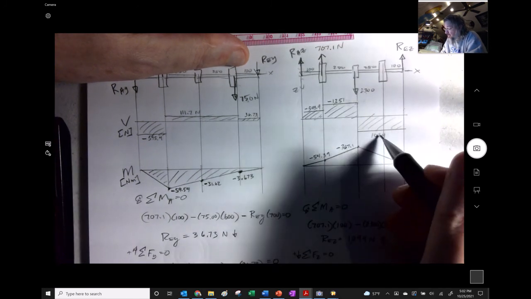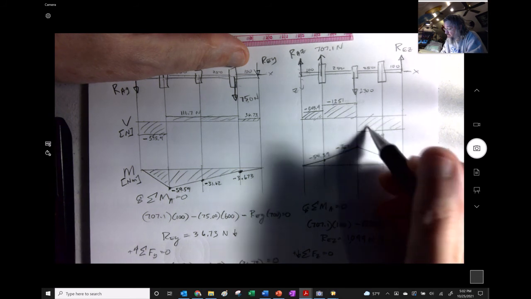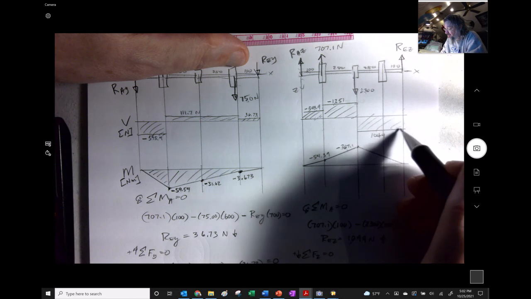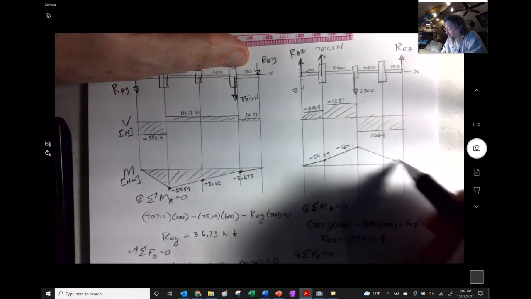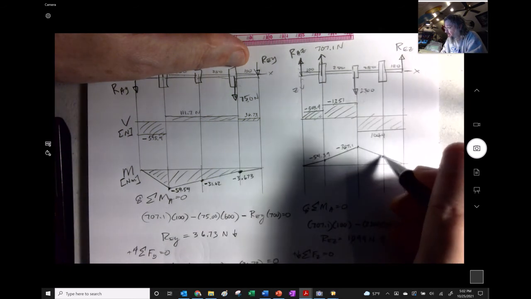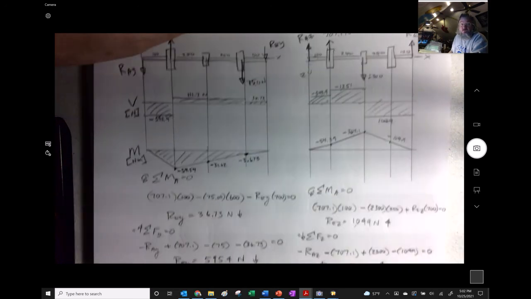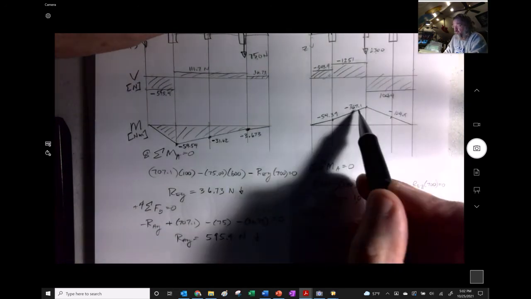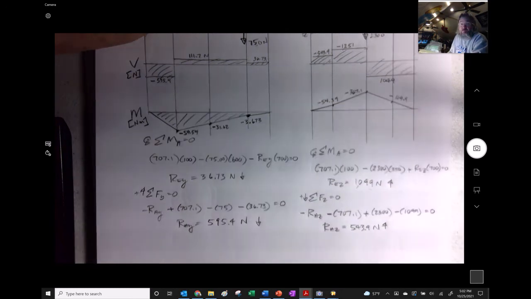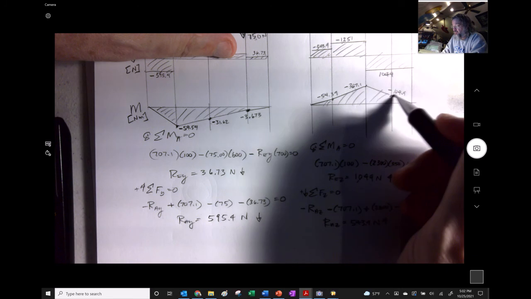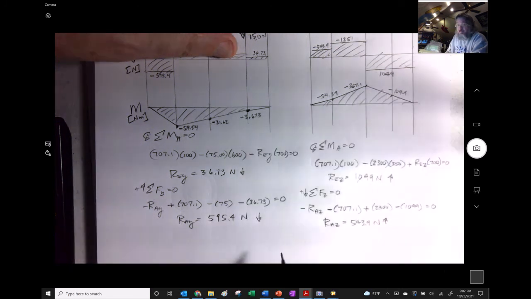And then we could either take this portion and add it to there after we multiply it to this, or we could take this and multiply by here and come over from the right. And if we do that, we get negative 104.9. Now here's our moments, and you can see this one is way bigger than all the others, so that's where the maximum is going to end up being. Right there, it just makes sense.